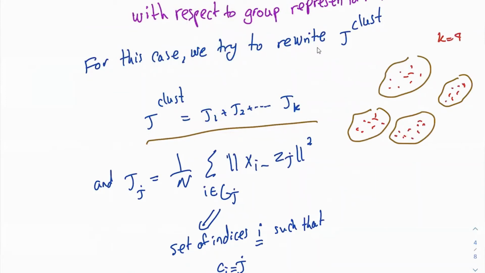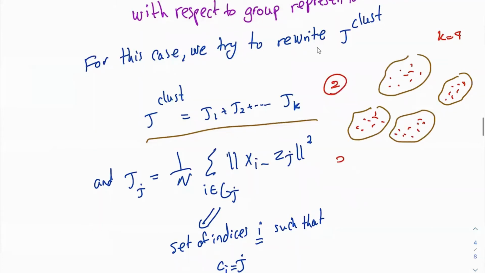So J here goes up to 4. And each J_j, for this equation 2 and this is 3, is actually equal to the mean, remember, 1 over n of this quantity, xi minus zj squared, the distance between xi and the group representative zj squared.